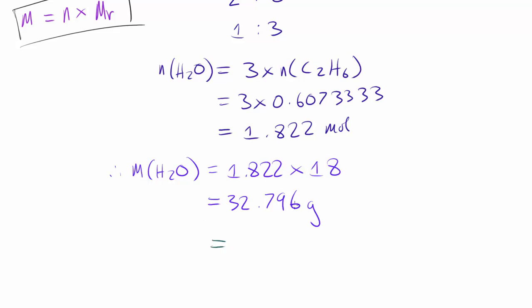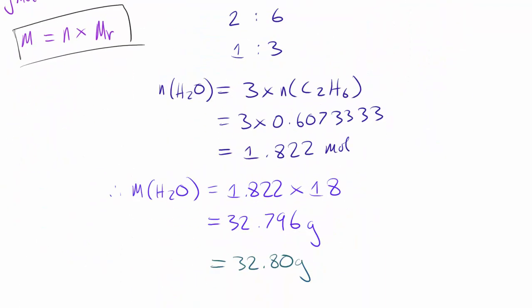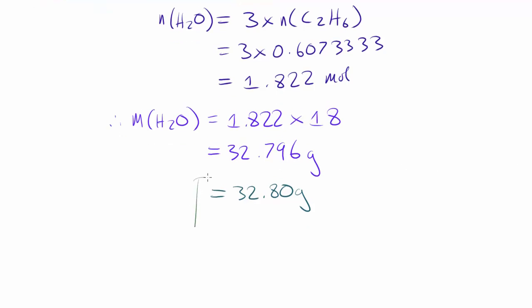If you round this, it's going to be 32.80 grams. Now this adheres to the constraints specified in the question as far as how the answer is to be formatted. And so this is the mass of H₂O that is produced in the reaction. All right.